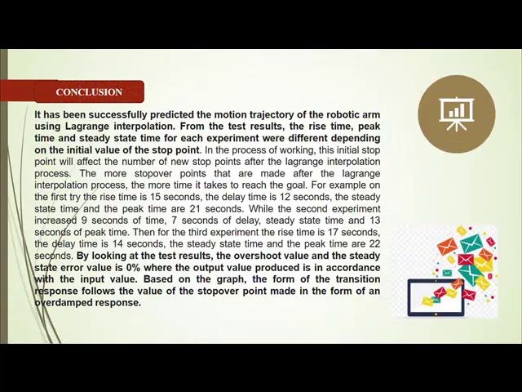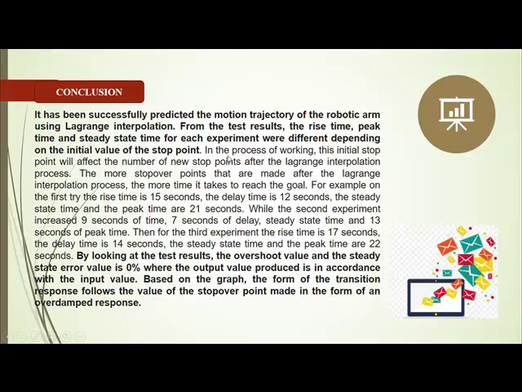Conclusion. In this project, the motion trajectory of the robotic arm has been successfully predicted using Lagrange interpolation. From the test results, the rise time, peak time, and steady state time for each experiment were different depending on the initial value of the stop point.